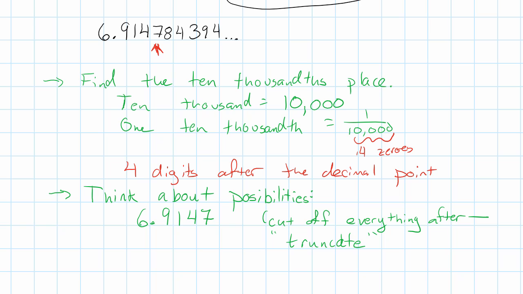So either we'll truncate the number, that is, cut off everything after our place, or we'll increase this last digit by 1, right? 6.9148. Right. And then, once we've decided on the possibilities, we look at the next digit to decide which way to round. Right.